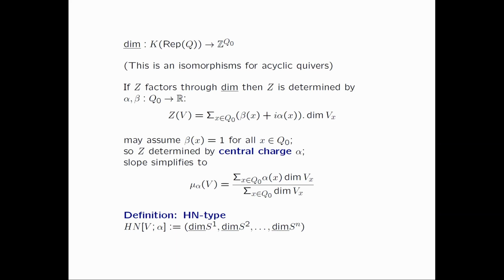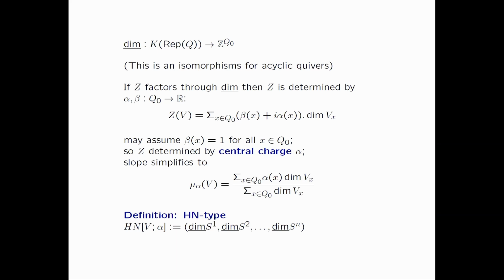So in the K-theory, all the interesting bits, the maps, are sort of gone. Now, it's quite reasonable to assume that our stability function therefore factors through this dimension function. Indeed, I will be mainly interested in acyclic quivers, so that's actually an isomorphism here.